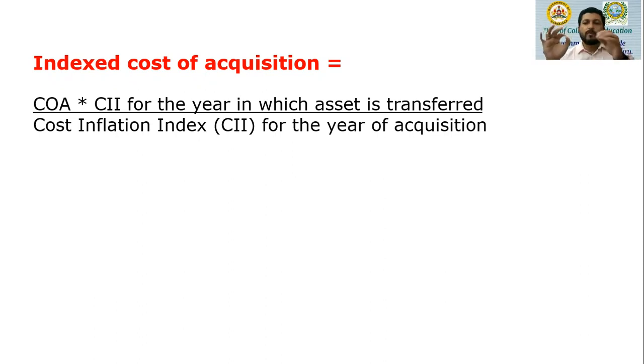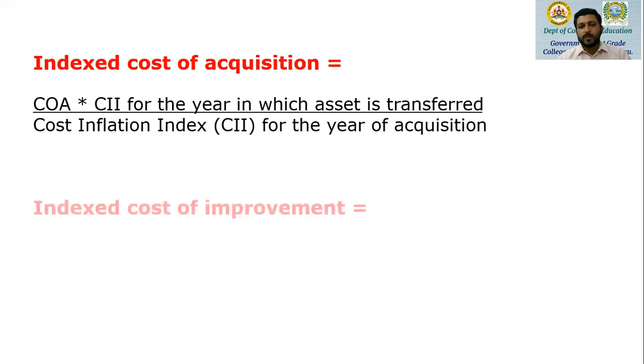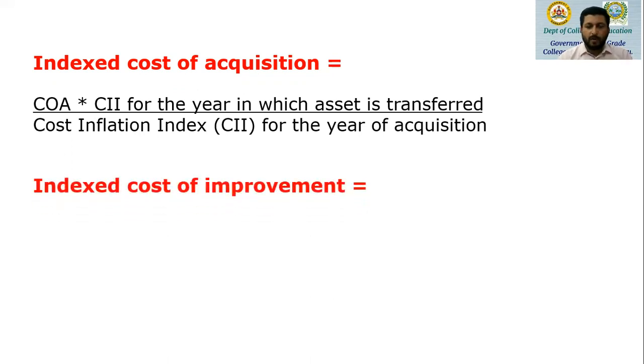Since we are solving problems pertaining to previous year 2019-20, more or less all transfers in the problems would be of 2019-20 itself. So CII of 2019-20 will be considered, divided by CII of the year in which that particular asset was acquired. Similarly, indexed cost of improvement, how do we calculate?